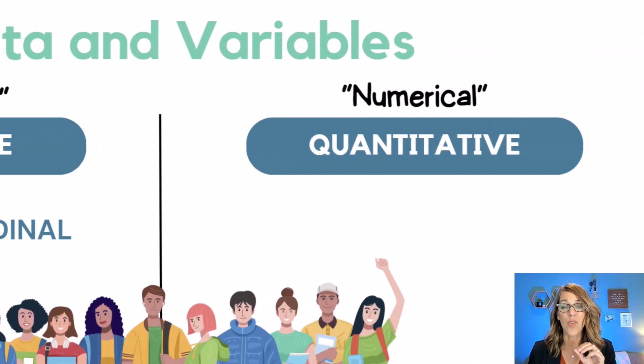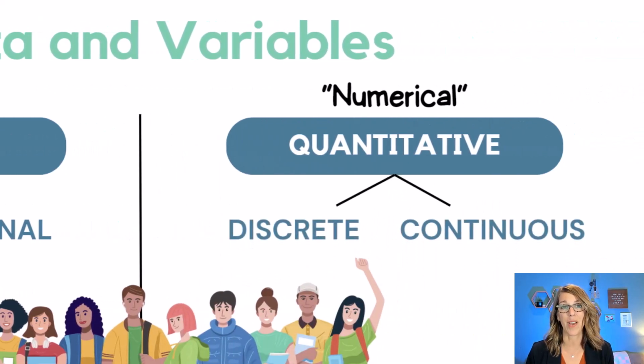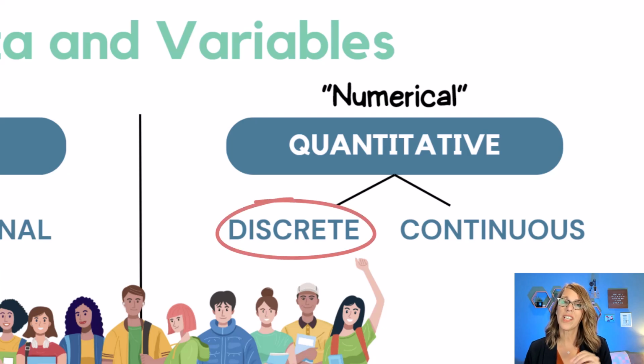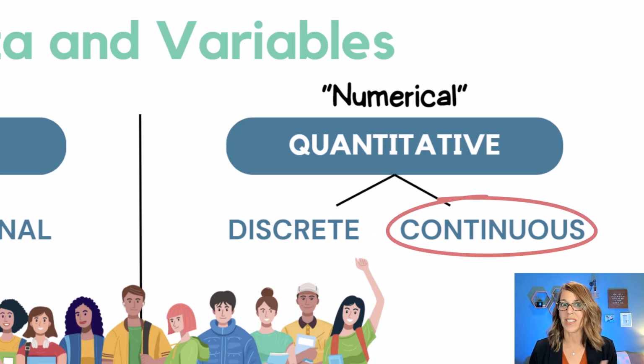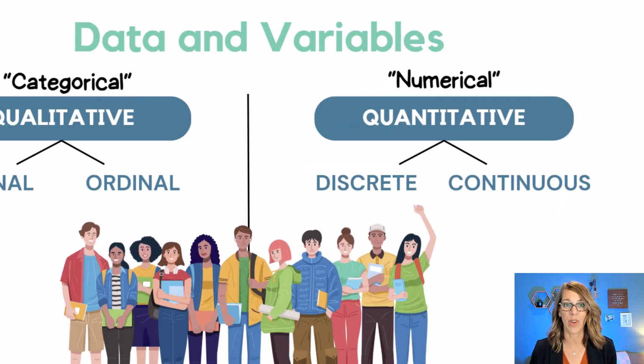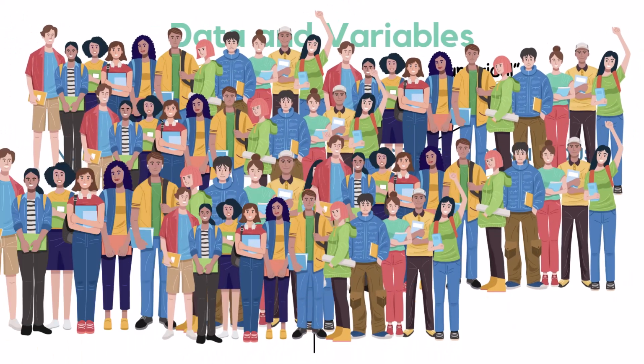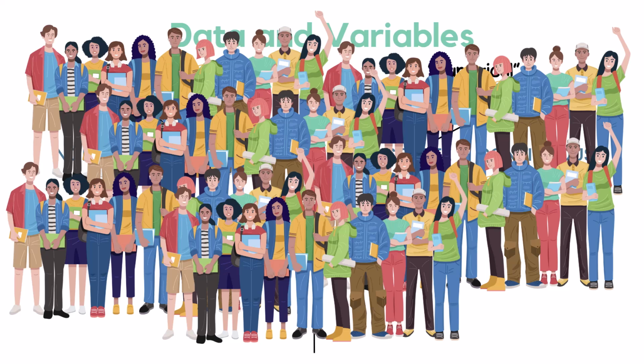We can divide those quantitative variables up into either discrete or continuous. Discrete variables typically count, and they give us only certain numbers, usually whole numbers, and continuous numbers can give us anything including decimal points.